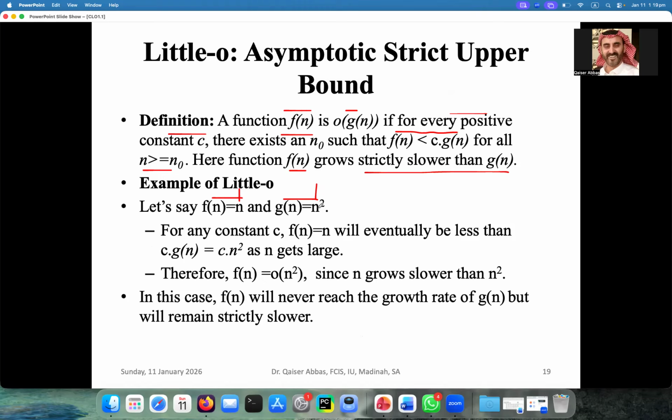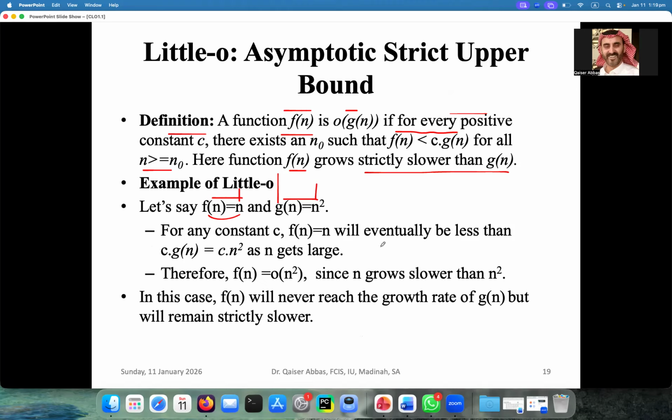For any positive constant you take with g of n, either 1 or 2 or 3, any constant, f of n will always be less than c g of n.